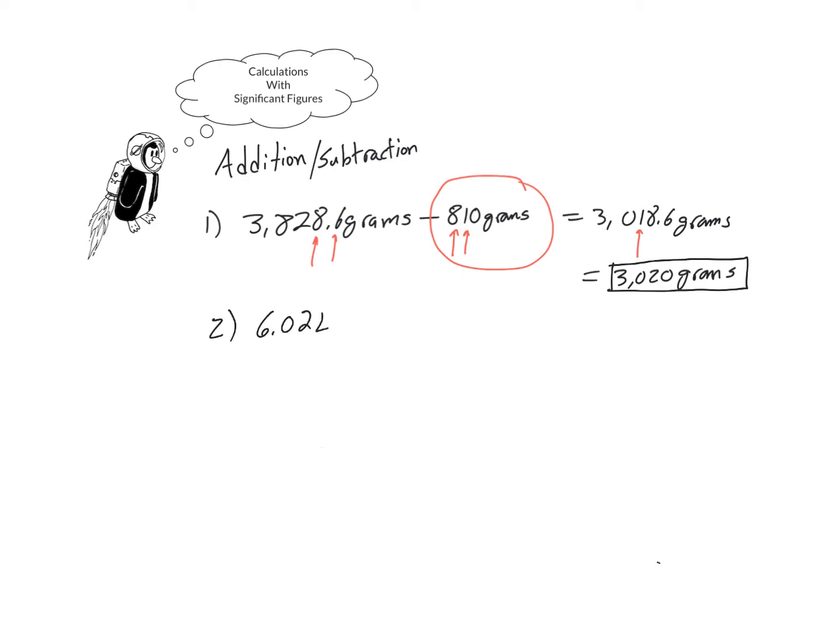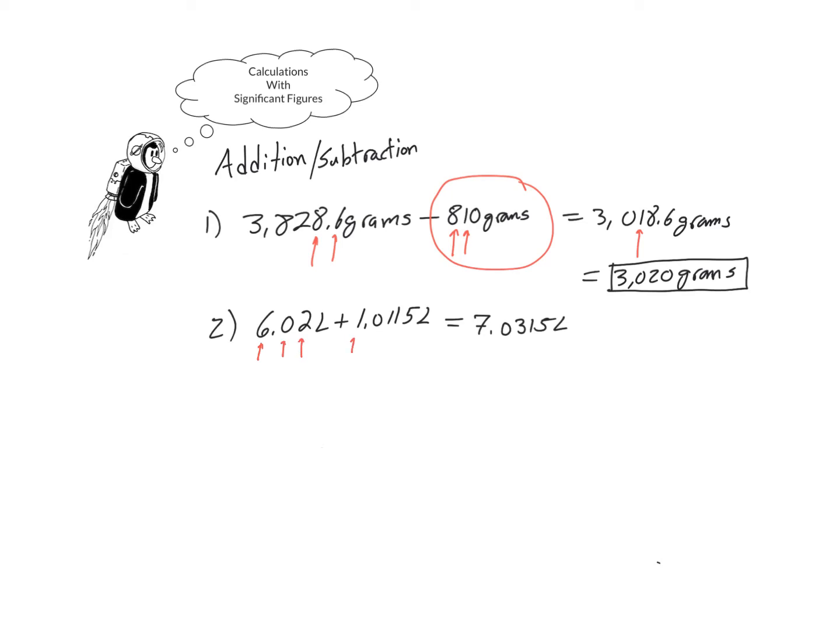For our second example, we have 6.02 liters, and we add to that 1.0115 liters, which our calculator would tell us is 7.0315 liters, which is not to the correct number of sig figs. So looking at the first number, we have a ones place, a 1 over 10 place, and a 1 over 100.